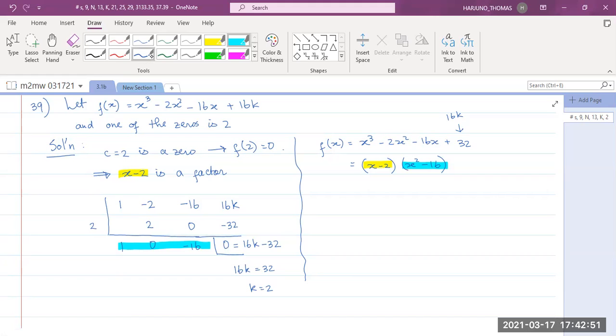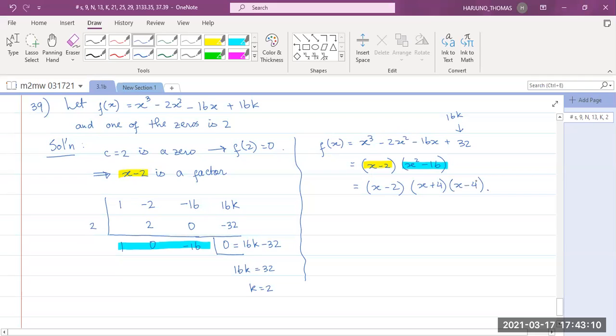Once we get degree 2, then we can go on either factoring it, completing the square, or using the formula to find the rest of the zeros. Now in this case, it's factorable. So the zeros are x equals 2, that's the one given, x equals negative 4, x equals 4.